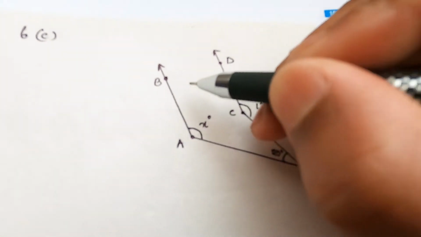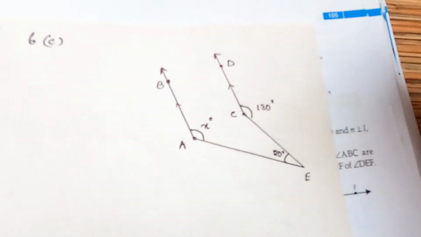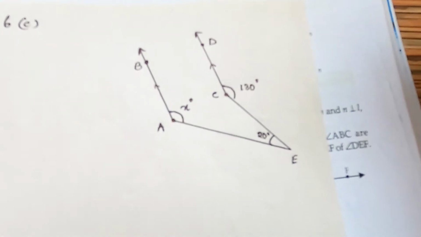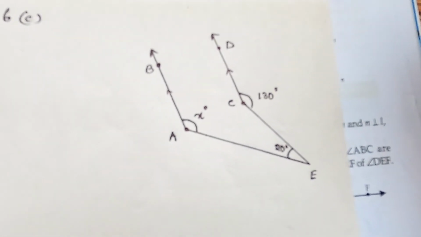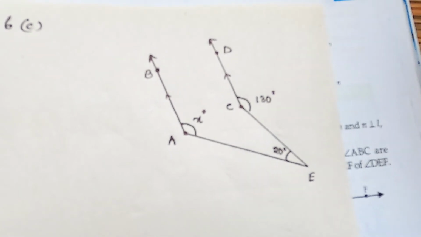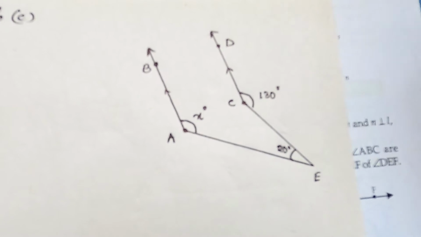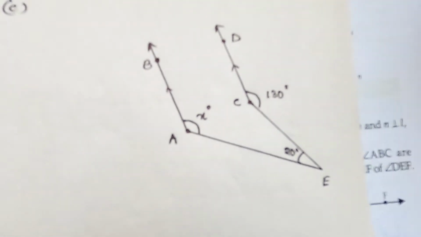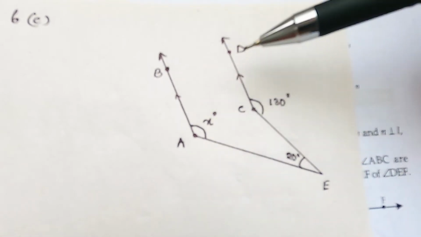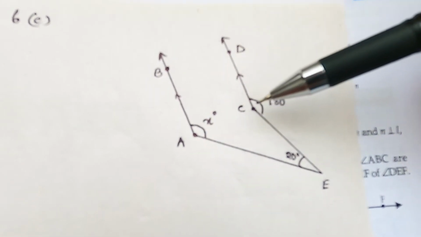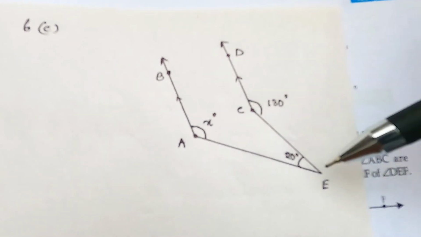So AB is parallel to DC. In question number 5 we have to use some logic, and we have to do a little bit of construction, because as you can clearly see in the figure, the different pairs of angles are not being formed.